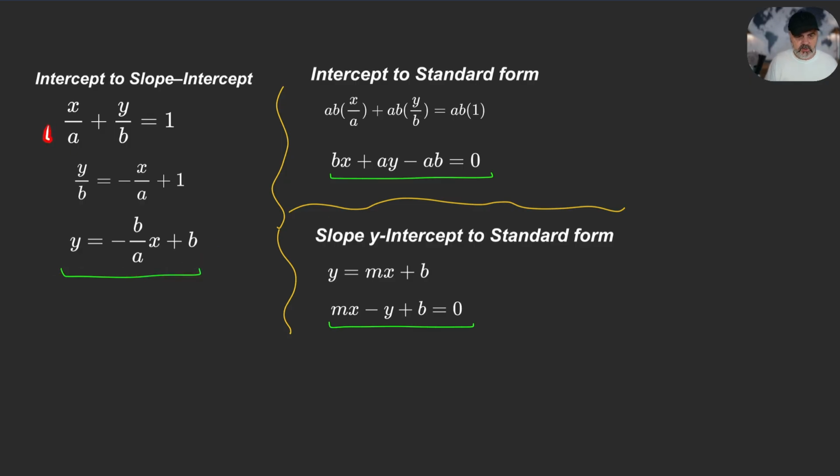Also, if I want to convert this equation into standard form, you would observe the following. Coefficients a and b are not necessarily the same. They can be equal in particular cases, but generally speaking, they're not. So you would multiply both sides of this equation by a times b, which is a common multiple. When you do that, you eliminate the fraction expressions because you cancel the a from that product, you reduce b from that product, and 1 times ab is ab.